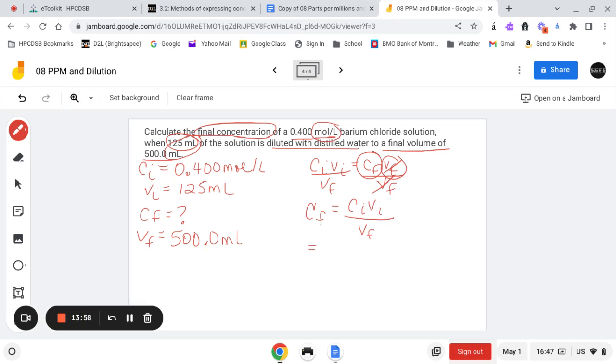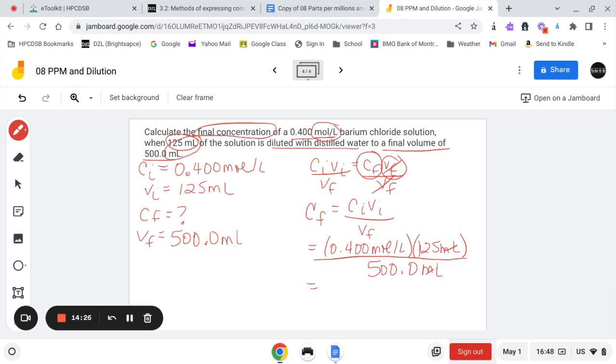And then we're going to sub in our values. I have an initial concentration of 0.4 moles per liter, an initial volume of 125 mL, and then I'm dividing by 500 milliliters. So my milliliters will cancel out. That's good, and I'll be left with a concentration unit of moles per liter.